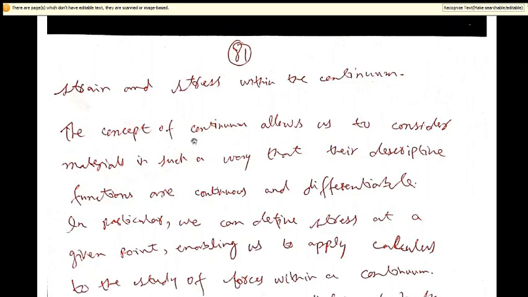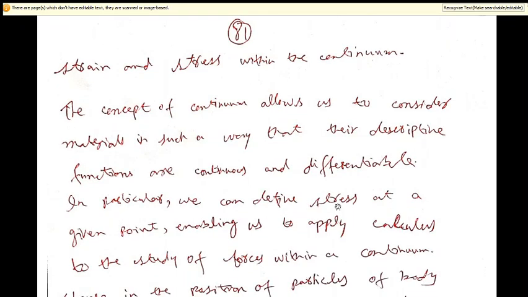Also, the concept of continuum allows us to consider materials in such a way that their descriptive functions are continuous and differentiable. So when we are using continuum, this allows us to consider all the functions as continuous and differentiable.